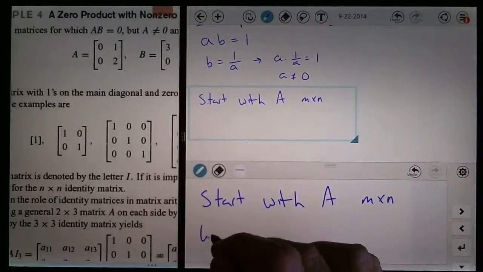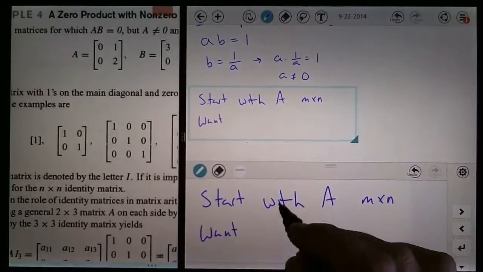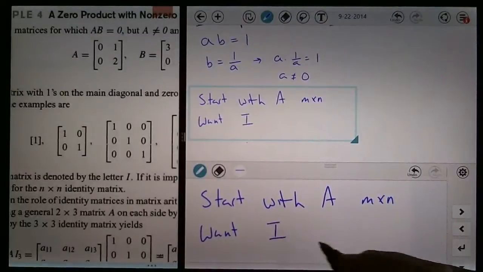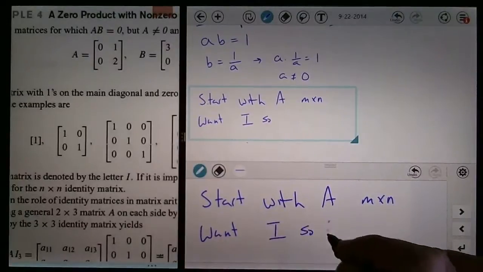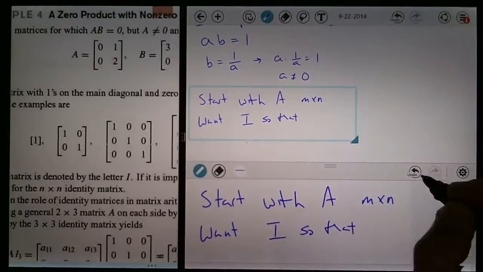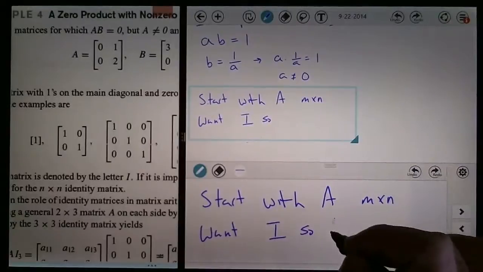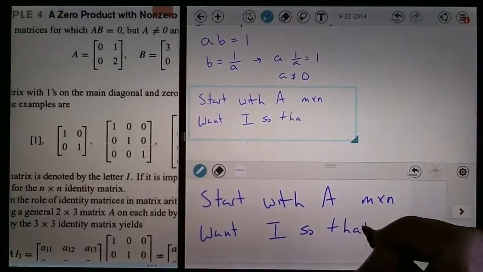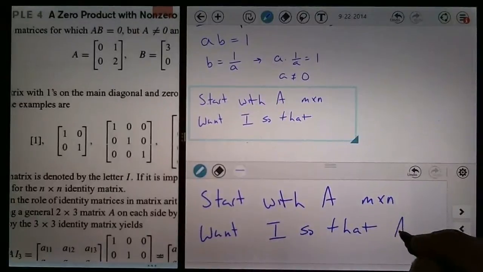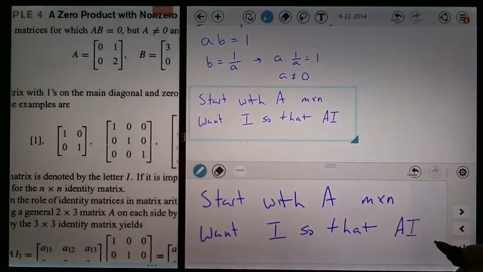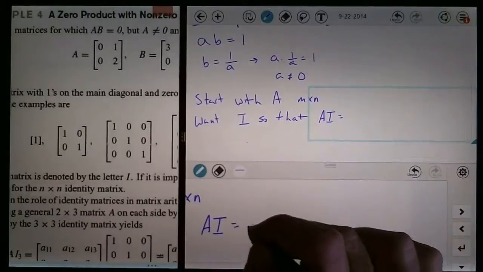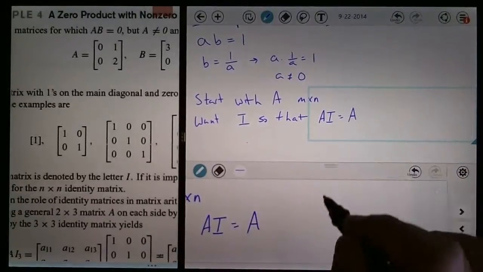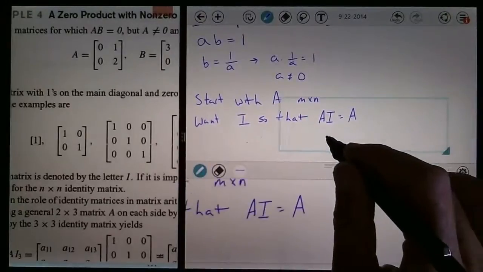And I want another matrix, which I'm going to call I, for identity, so that A times I is equal to A. I'm also going to want to do it on the other side, but let's just write it this way for the moment.